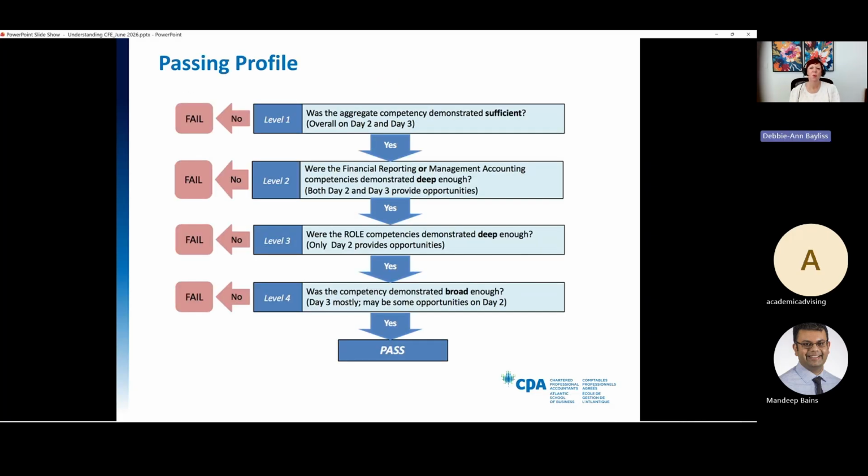So let's go and drill down to each of those areas. If you notice, hopefully very quickly, that you need to pass all 4 levels to pass your day 2 and day 3.